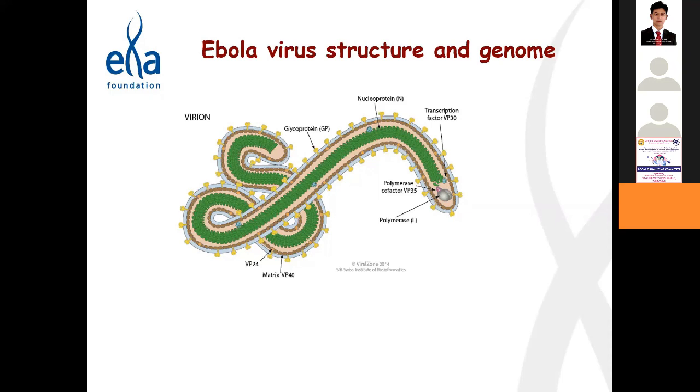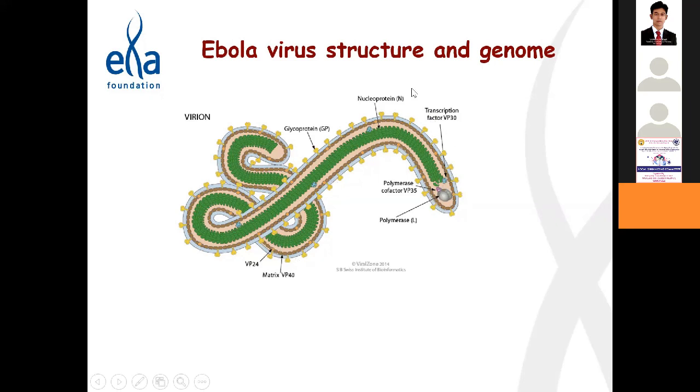In Ebola, if you see here, this is the Ebola virus structure. It is classified under Filoviridae, so it has a filamentous structure. There are a lot of structural proteins present.